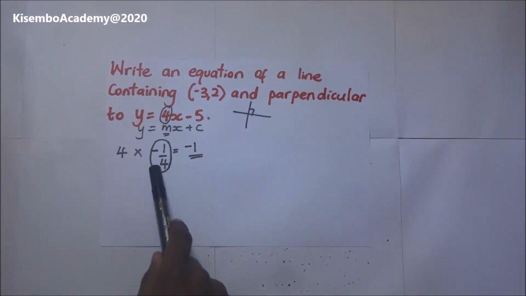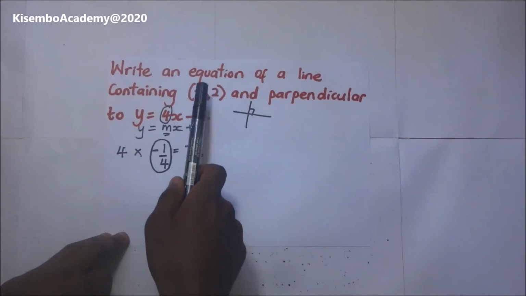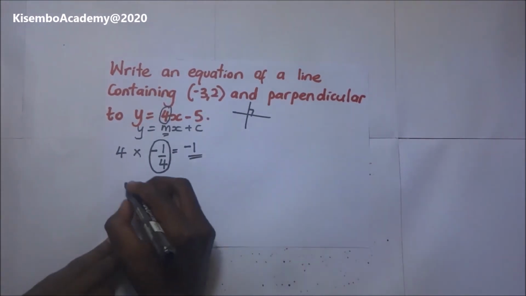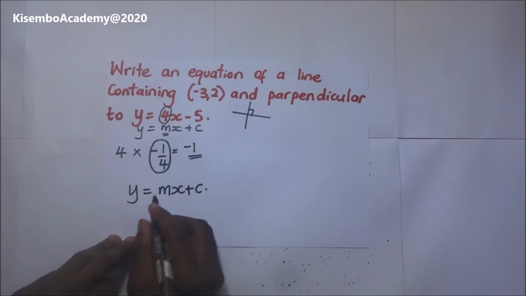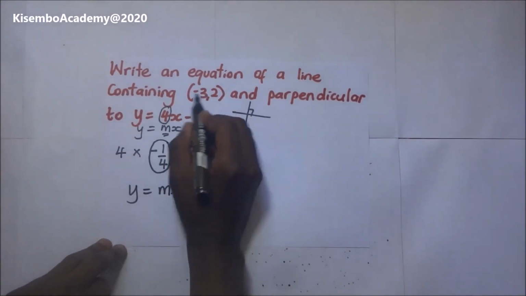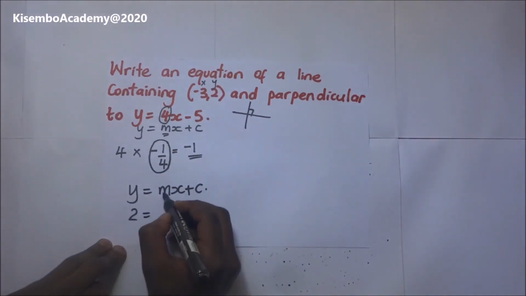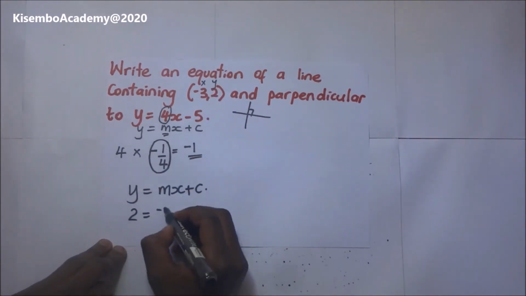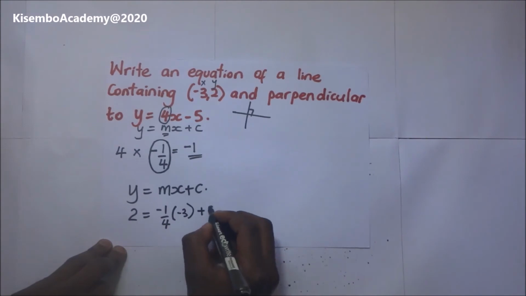So now that we have the gradient of that line, we can go ahead and find the y-intercept, the value of c. We know that y is equal to mx plus c. Our value of y is 2, so 2 is equal to m, the gradient, which is negative a quarter, times our value of x, which is negative 3, plus c.